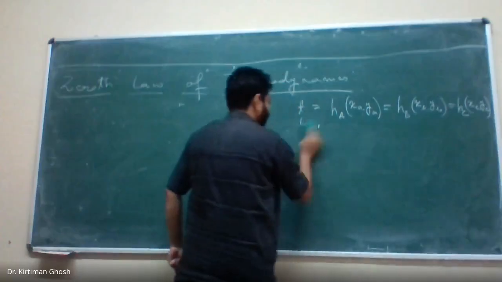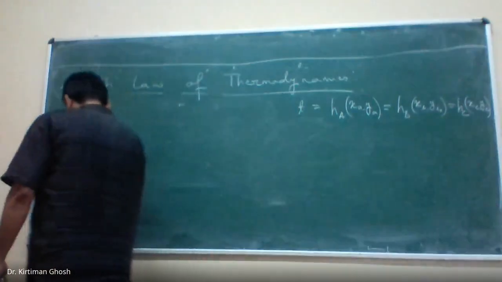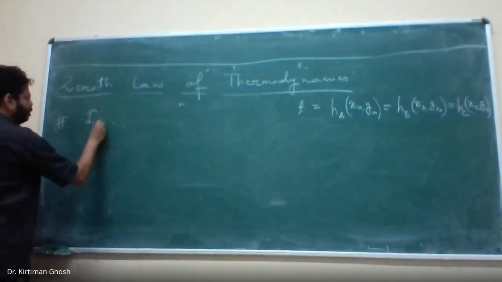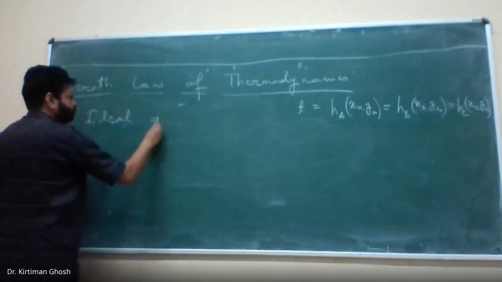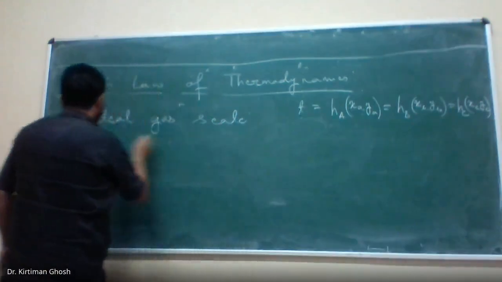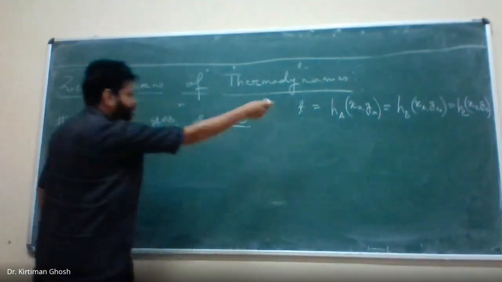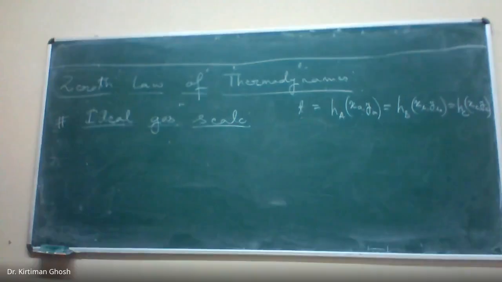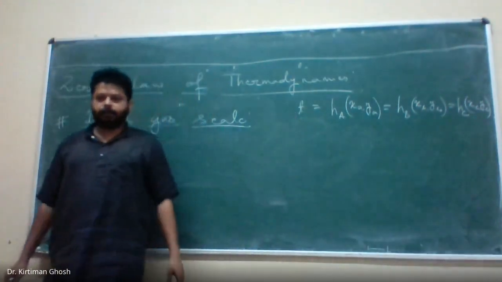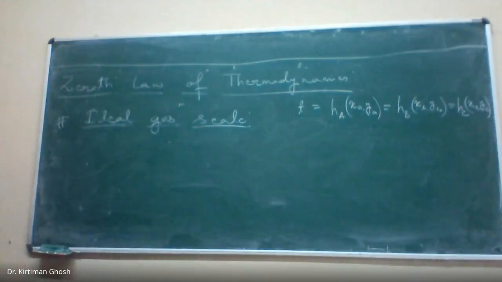We have discussed the importance of the ideal gas scale and why it is the universally accepted scale for measuring, for assigning numbers to this quantity temperature. So this is what we have discussed in the last class, and this is the idea we will proceed further with.